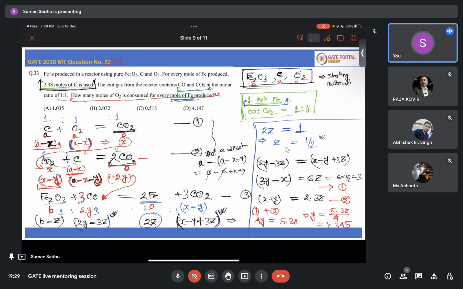So you have to look at this ratio carefully and accordingly write how many moles are dissociating. If you learn how the elements or compounds dissociate and form how many moles, then it is simply a few equations that you have to solve and you will get the answer.